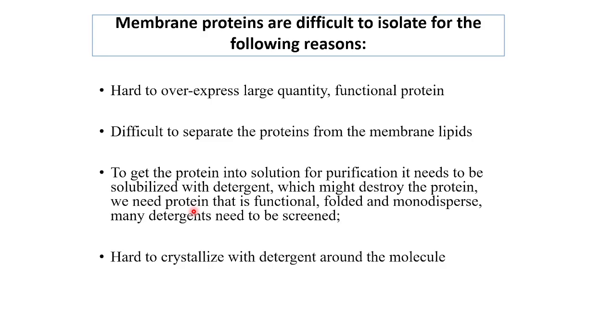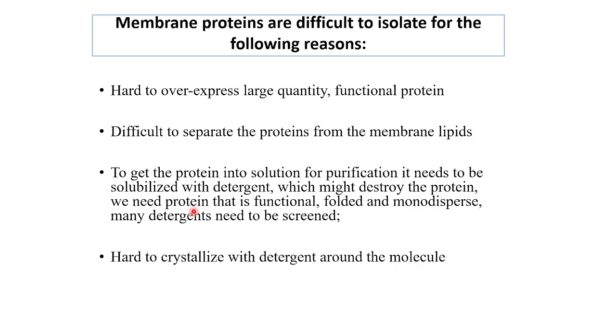Now, membrane proteins are very difficult to isolate for multiple reasons, some of which you might already know. It's hard to overexpress large quantities of functional proteins, and difficult to separate the proteins from the membrane lipids.